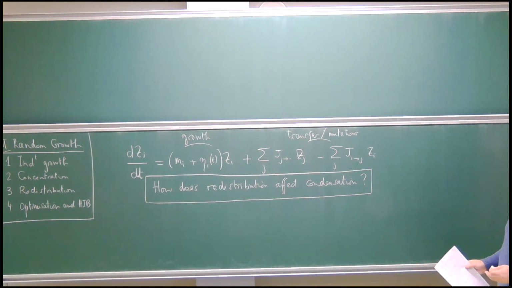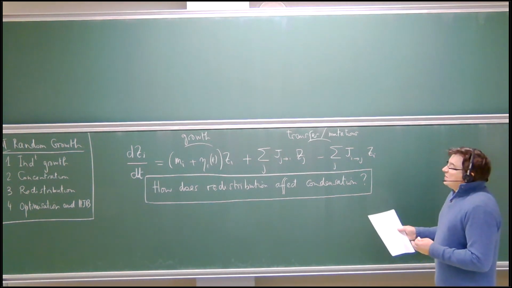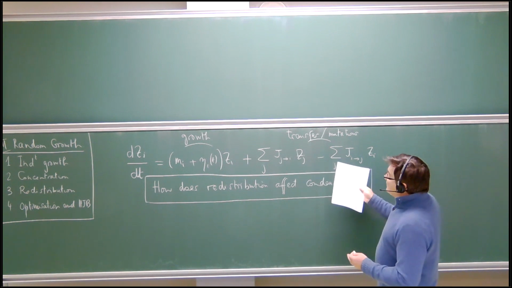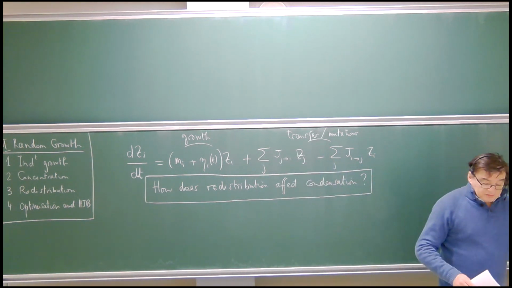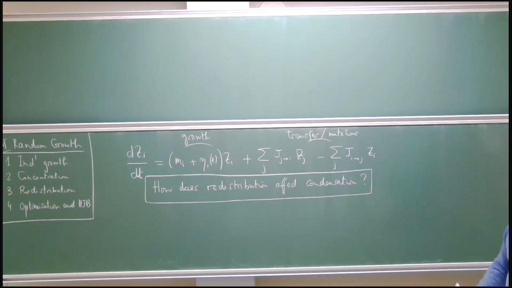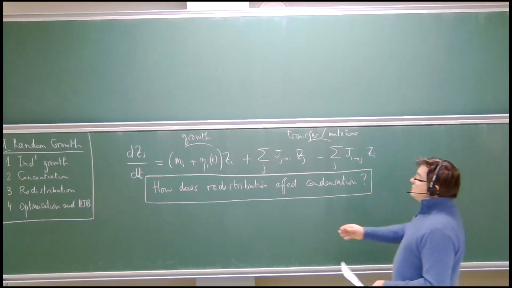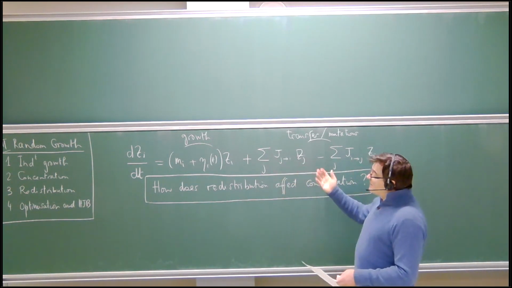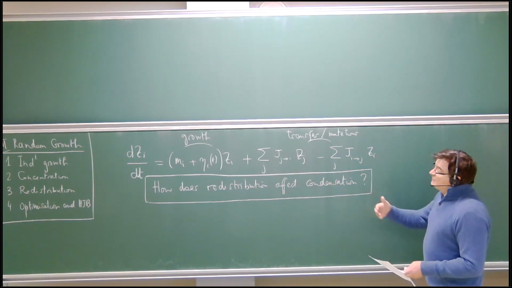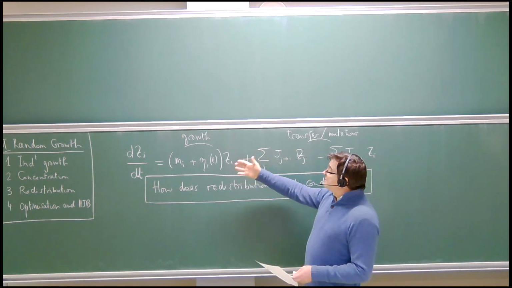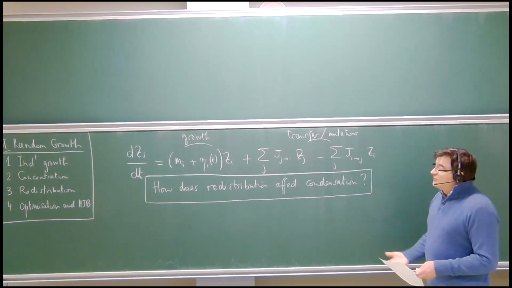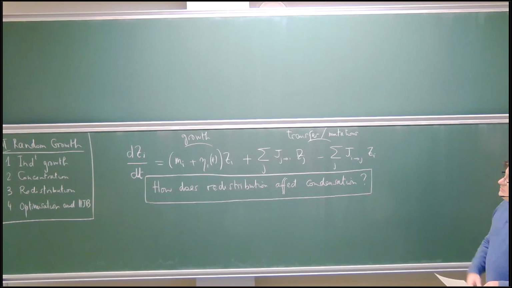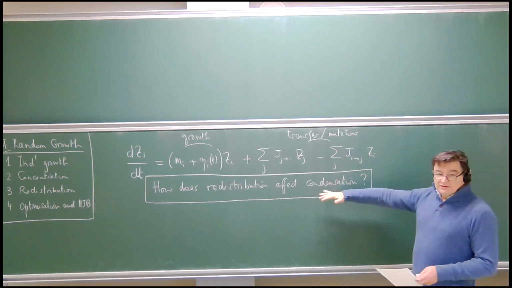Now, intuitively, it seems that if you allow for redistribution, mixing, if you want, if you allow rich guys to spend their money and enrich poorer guys, if you allow large cities to spill over and have people moving to smaller cities, then maybe you can avoid this condensation effect.